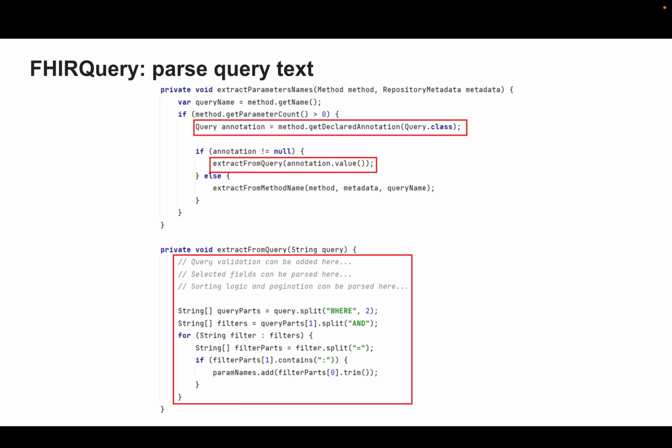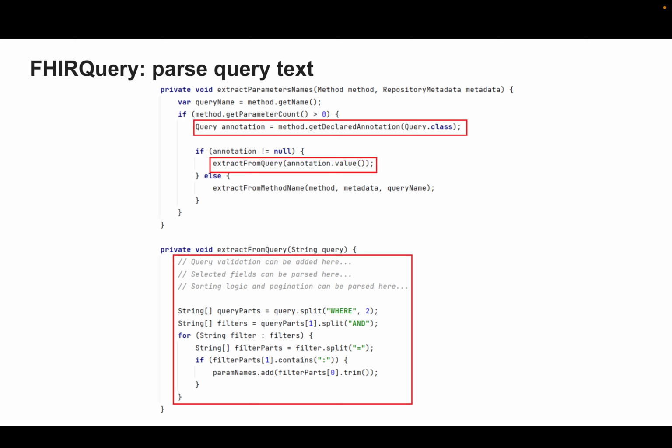After that, we are modifying our FHIR query class and adding additional logic. So we're trying to retrieve a query annotation from the method. If it exists, if our method was marked as the query, we try to retrieve parameter names from the query text. If it's not marked, if we don't have the query annotation, we'll go by the previously implemented logic and extract all the parameter names from the query method.